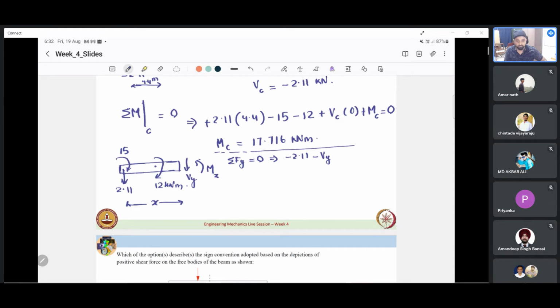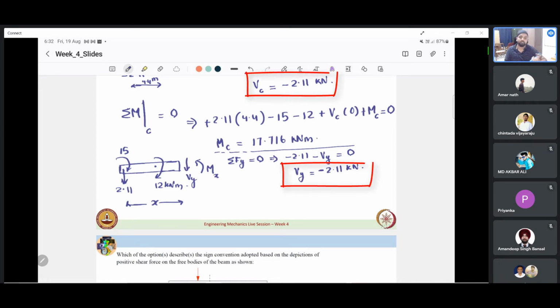We have accounted for everything, all the forces that were applied, equals 0. So this again gives us minus 2.11 kilonewton at any section. Which is, if you note, the same shear force that we got for the other section also. What it is telling us is that shear force is constant throughout the beam. It doesn't depend on x. Wherever you take x, it still remains the same.